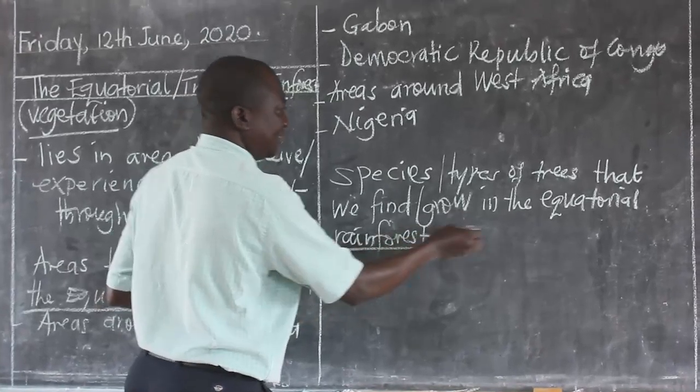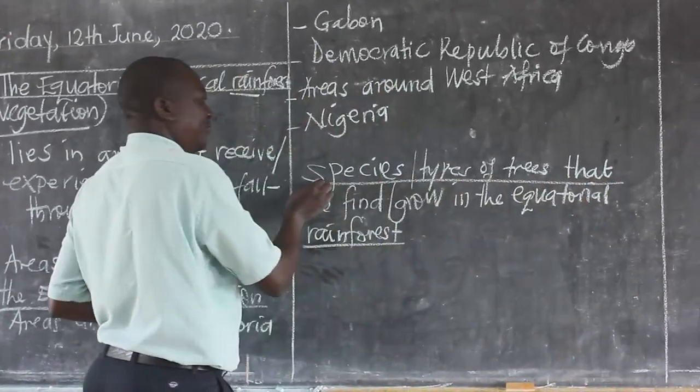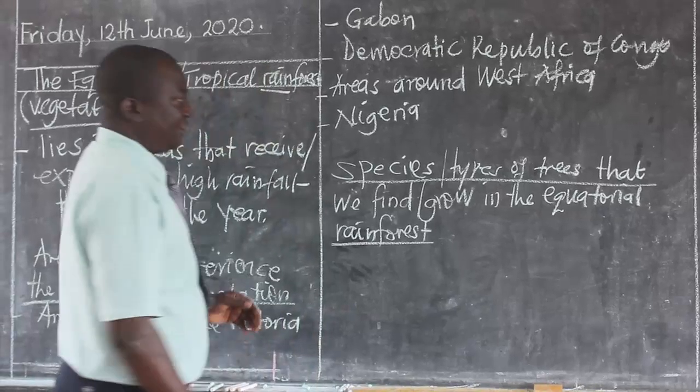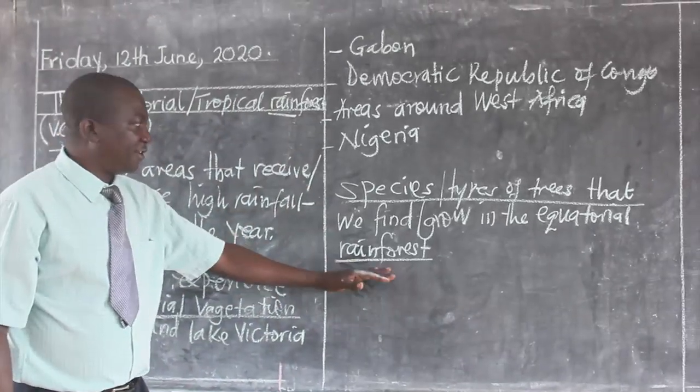The species or the types of trees that grow in the equatorial rainforest.